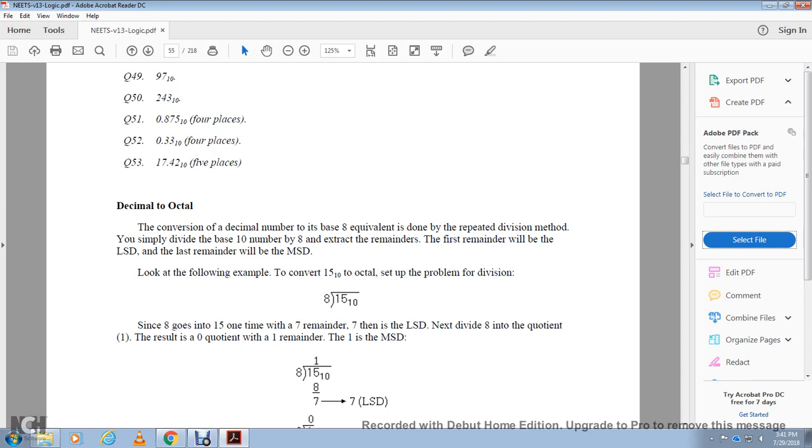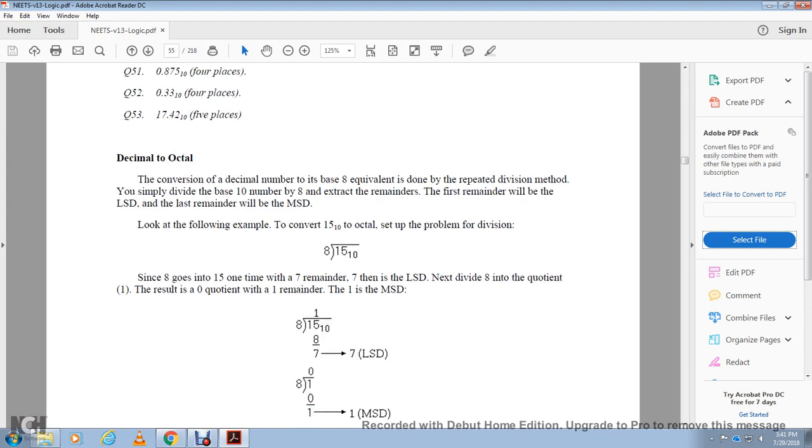Converting 15 decimal to octal: divide 15 by 8. Since 8 goes into 15 once, the remainder is 7, which is the least significant digit.